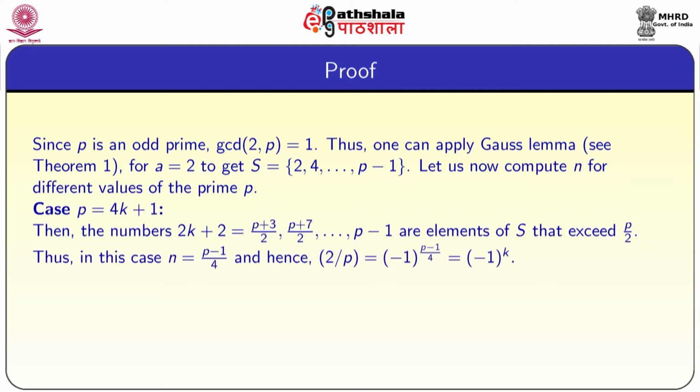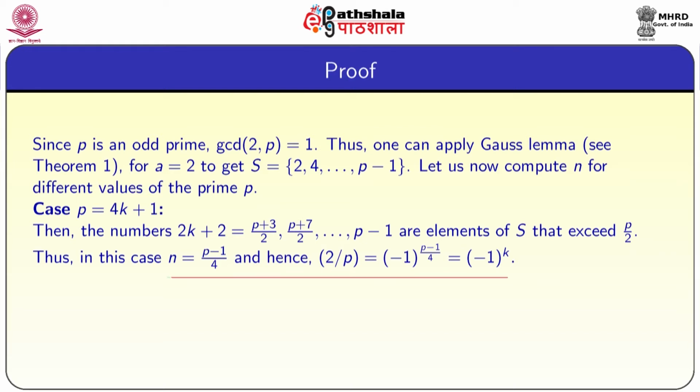Case 1 is when p is of the form 4k plus 1. Then the numbers 2k plus 2, that is (p plus 3)/2, (p plus 7)/2 and so on, up to p minus 1 are the elements of S that exceed p/2.